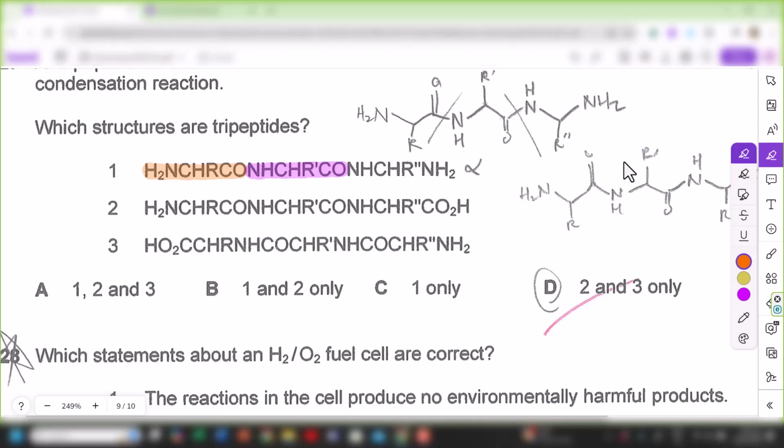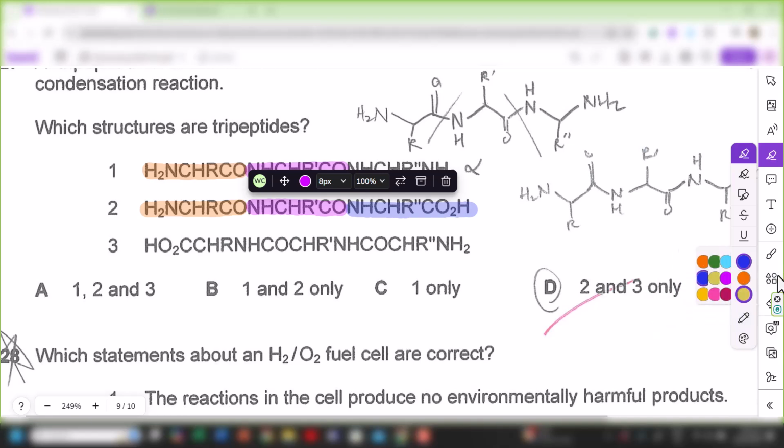I'm going to continue. H2N CH2CO, so that's number 1. Then NHCHR' CO, this is number 2. And then number 3, NHCHR'' CO2H. So these are all amino acid residues. I'm going to continue. They swap it.